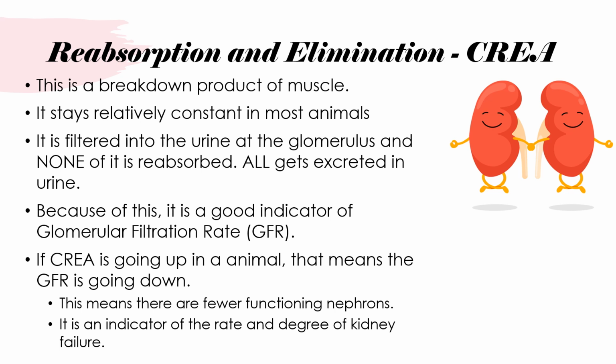This means there are fewer functioning nephrons. It is an indicator of the rate and the degree of kidney failure. So creatinine is a great diagnostic test through blood. We can draw blood on an animal and run a chemistry panel. One of those chemistry values can be creatinine, which tells us kidney function, and specifically how the glomerular filtration rate is doing. If it's doing badly, that might be a sign that our patient is in kidney failure.